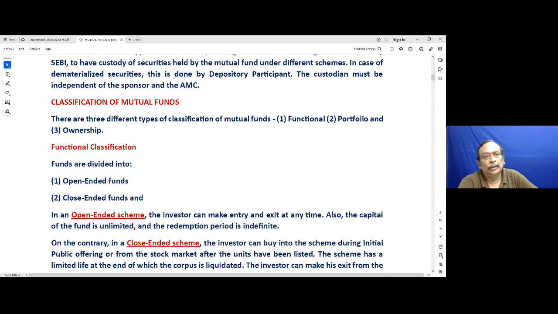Now, we are in a position to divide the mutual funds. Rather, there are various classifications of mutual funds. There are 3 different types of classification of mutual funds. That is, number 1, functional, number 2, portfolio, and number 3, ownership.